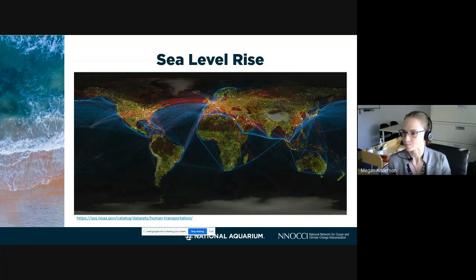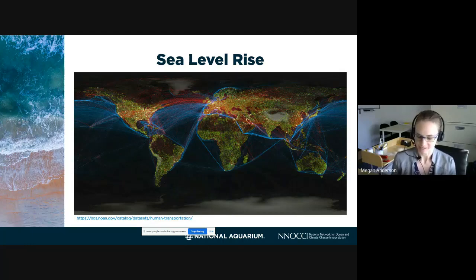The blue lines represent shipping lanes, the reddish orange lines represent airplane travel, and the greenish yellowish are roads. You can see how much the way we transport goods and food and people relies on coastlines. A big part of our way of life relies on coastlines, which sea level rise does impact.